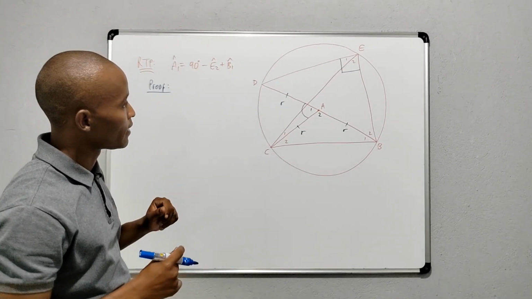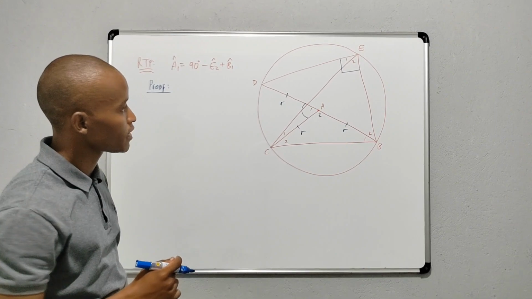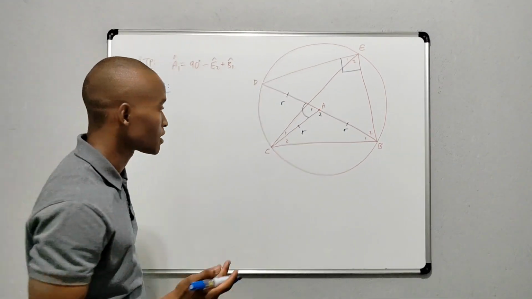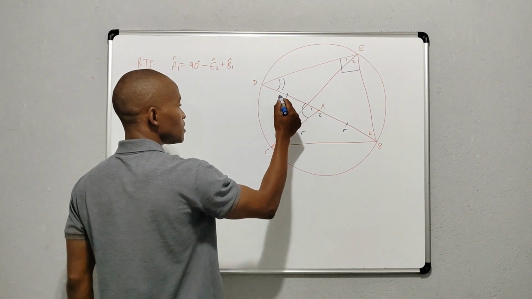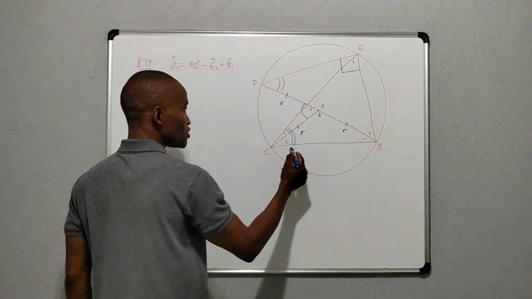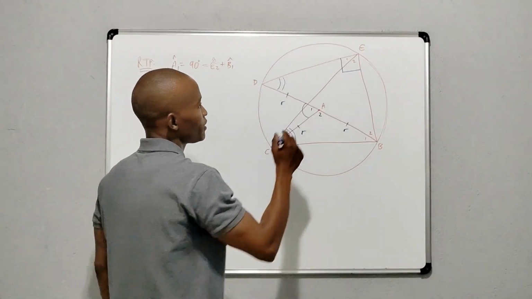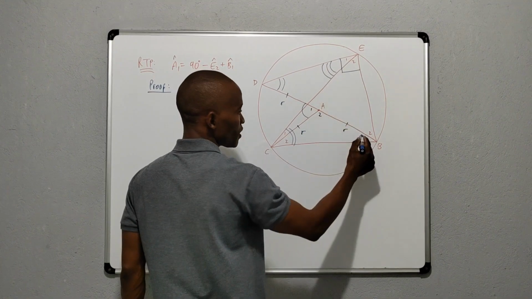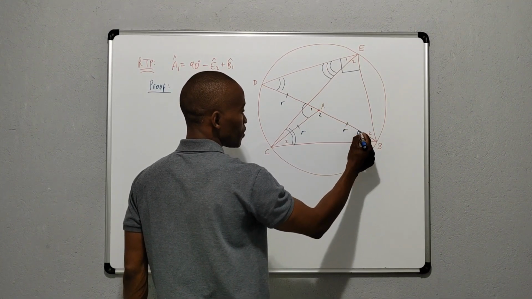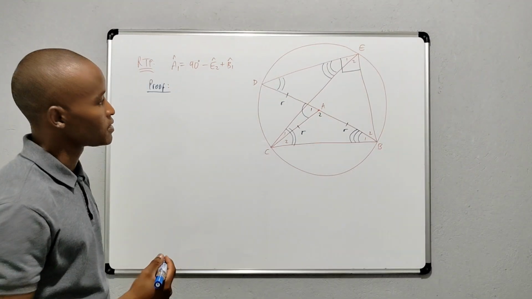Okay, and what else do we see? Angles in same segment, cyclic quad. Angle D is equal to angle C1 plus C2. Don't need to talk about that there. And we know that angle E1 is equal to angle B1, again angles in same segment.